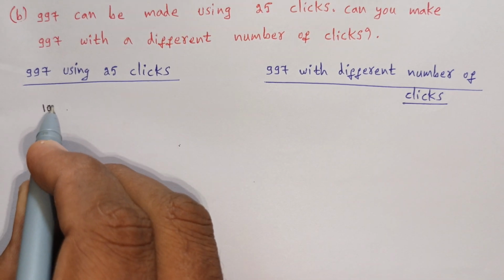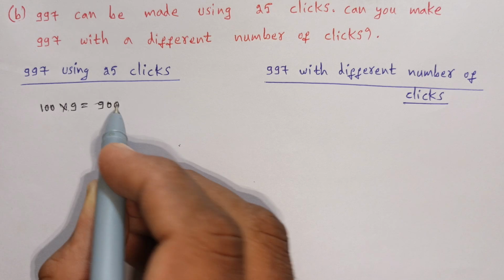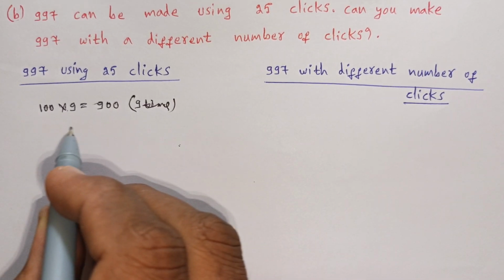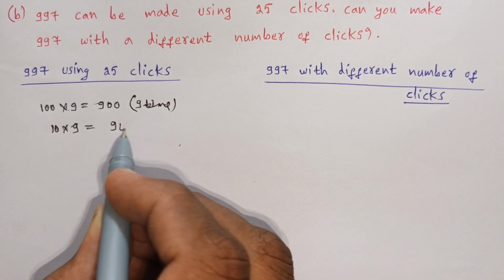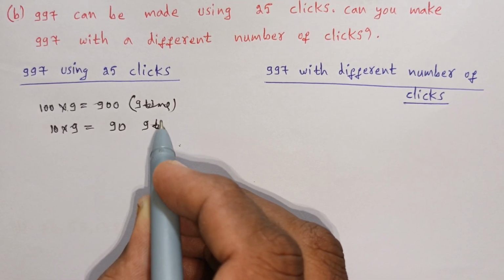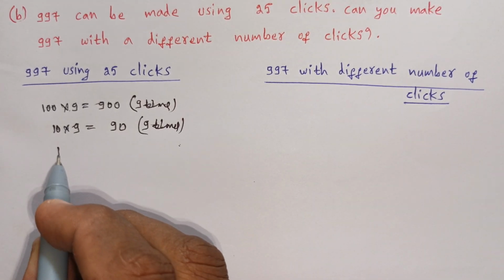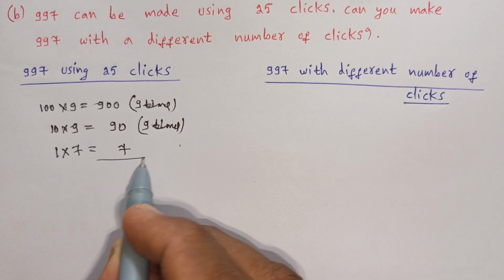So 100 into 9. So here we get 900. So 9 times. Next, 10 button, if you press 9 times we get 90. This is also 9 times. So 9 plus 9, till now 18. Next, 1 button, if you press 7 times, 1 into 7 is 7.